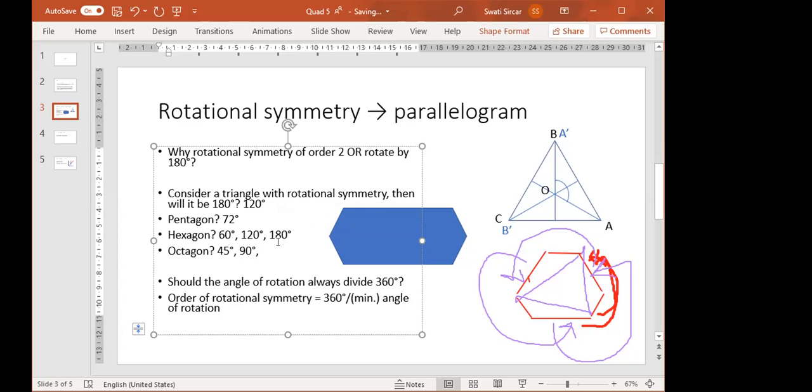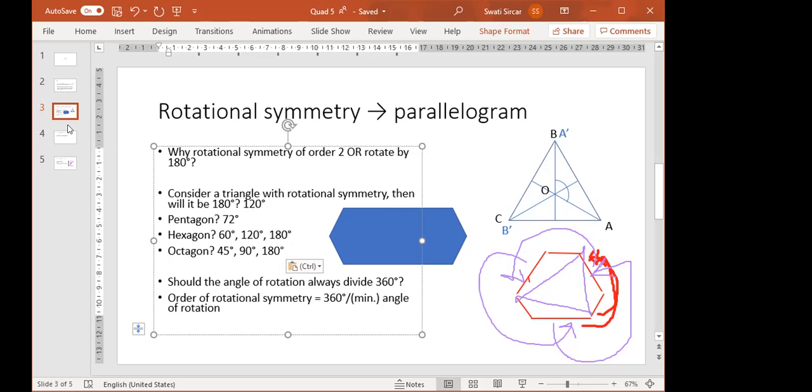You can have an octagon with this kind of shape, which if you turn by 90-degree, it will have rotational symmetry, but not if you turn by 45-degree. And similarly, you can also have an octagon which will have rotational symmetry only if you turn by 180-degree. Now, there is a connection with number of sides to these things.